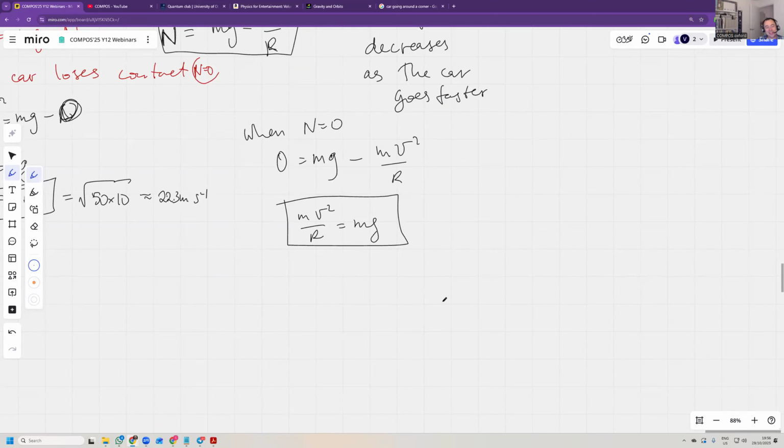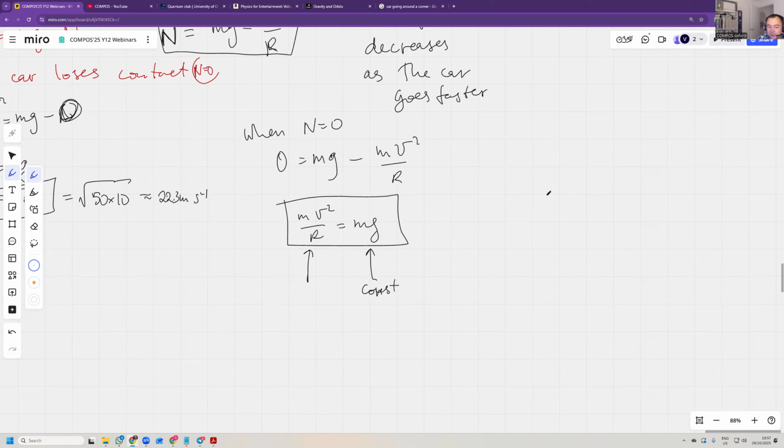Imagine the car goes even faster. Then v increases, but mg is constant. So how can the speed increase if this term is constant?